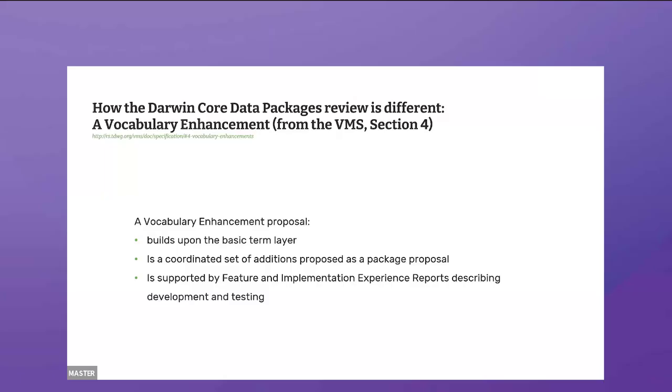More complicated changes that go beyond the basic bag of terms layer of the vocabulary are known as vocabulary enhancements. Because they're more complicated, it's required that user feedback documents be submitted with the proposal to make it clear that the package of changes are needed and will work as described.